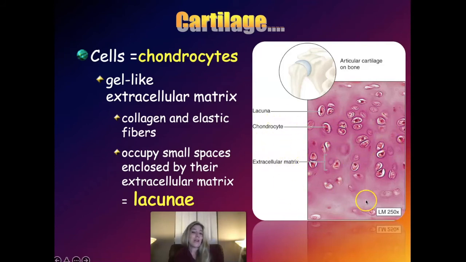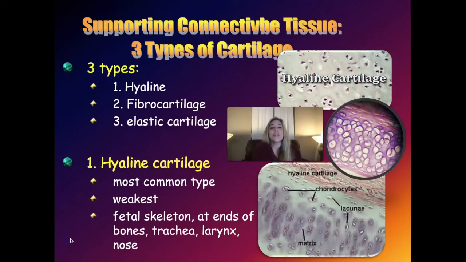So very characteristic, very easy to spot. So let's get started talking about the subcategories of supporting connective tissue. There are three types: hyaline cartilage, which you see here and here, fibrocartilage, which you'll see in a subsequent slide, and elastic cartilage. So let's get started first with hyaline cartilage.